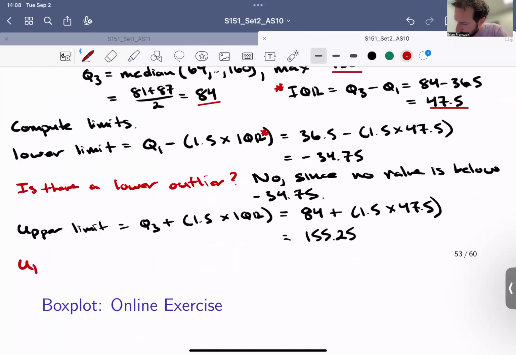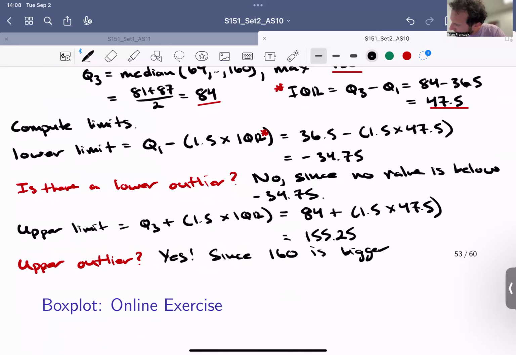So if we were to pose the same question, upper outlier, then we would say, yes, since 160 is bigger than 155.25.